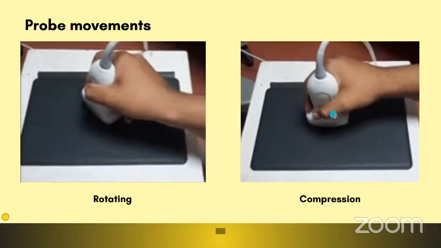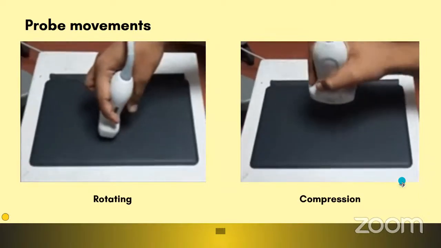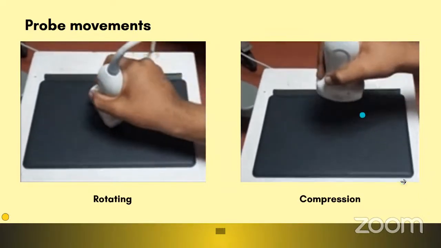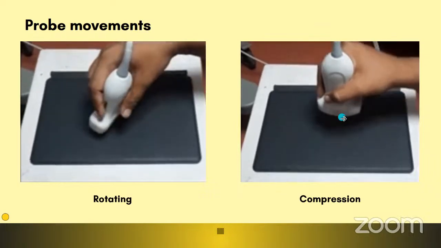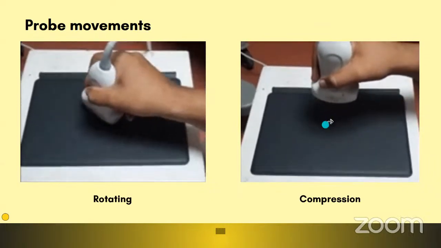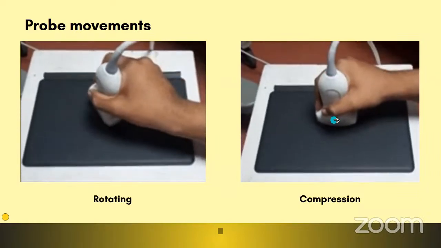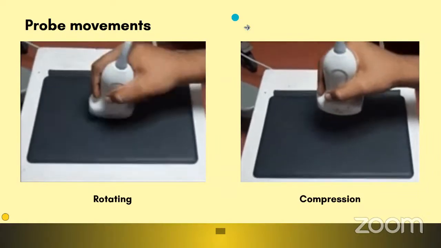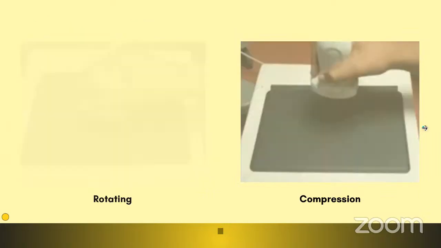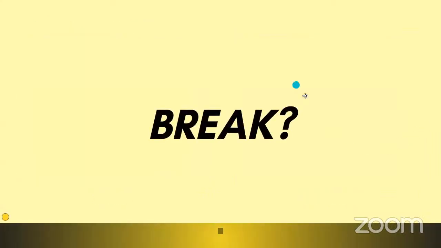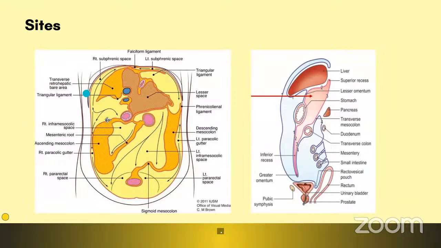However, to get much more clarity, instead of just changing the depth, we would be increasing the field of view. However, this compression would reduce the attenuation because it shortens the path between the organ and the skin. Hence, we'll be getting a clear image. Got it? Okay. So shall we take a break? So let's continue with sites after the break.